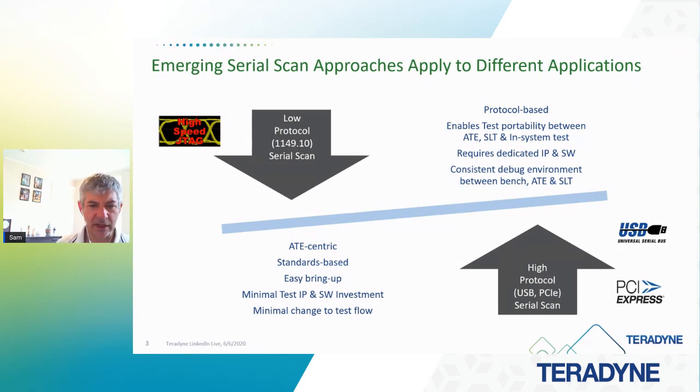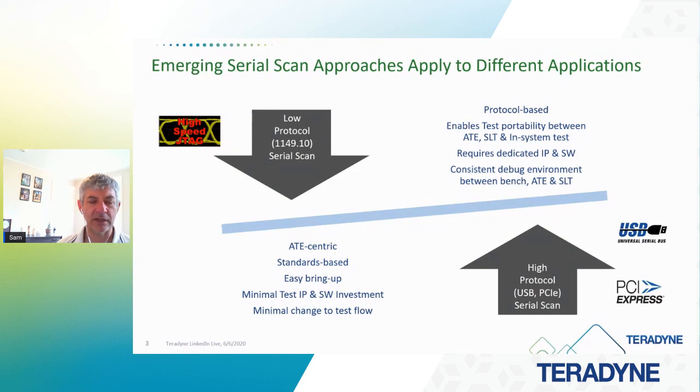On the right side, the high protocol scan has some additional benefits for customers that are using system level test. There's this strong portability of a test between an ATE environment and SLT environment, and even the ability to execute in-system test or power-on self-test in applications like automotive.